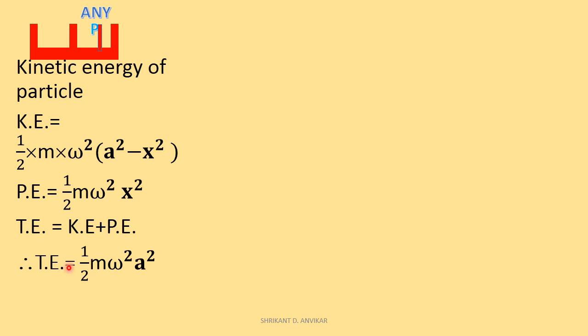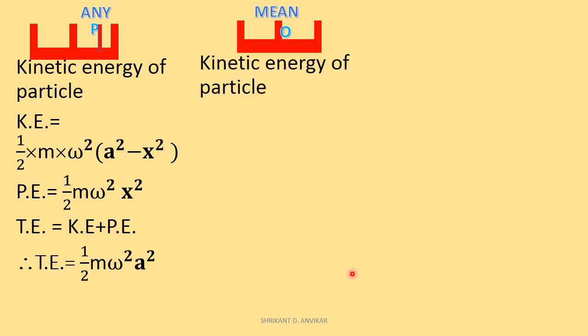This is the total energy of the particle at position P. P is any position which is between the mean and extreme position. Now we calculate total energy of the particle at the mean position. We know when the particle is at the mean position, kinetic energy of the particle is maximum, and the formula is 1 by 2 m omega square a square.